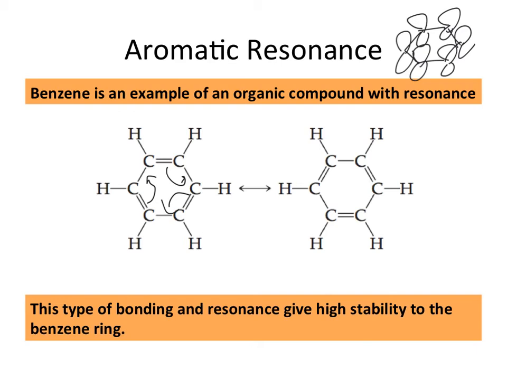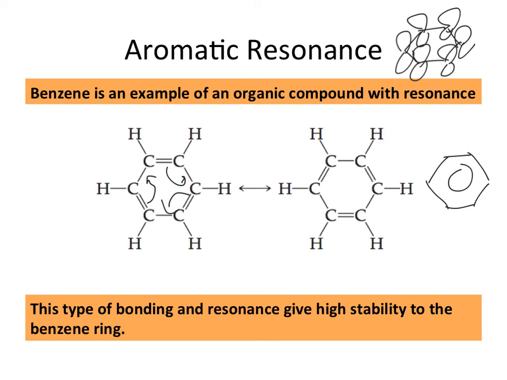This type of resonance can be represented by drawing the two structures here, or with benzene, as well as other aromatic organic cyclic structures, you can just put a circle in the benzene ring, which implies that the electron density is being shared amongst all 6 atoms evenly. The reality is that the p orbitals are what allow this resonance to occur.